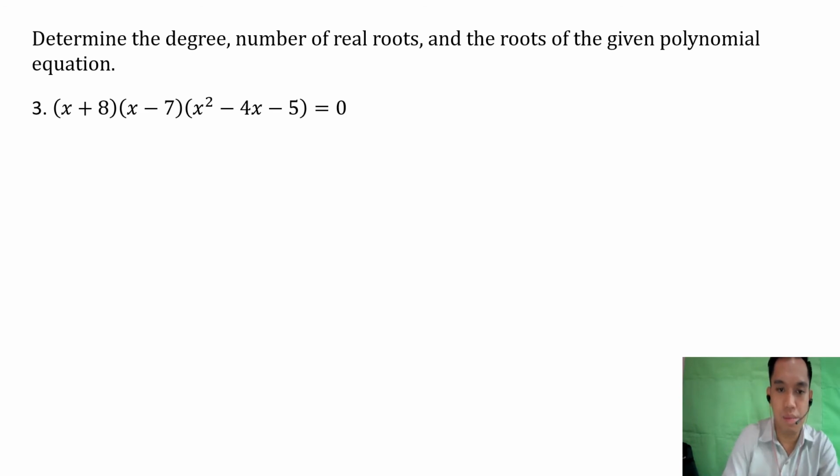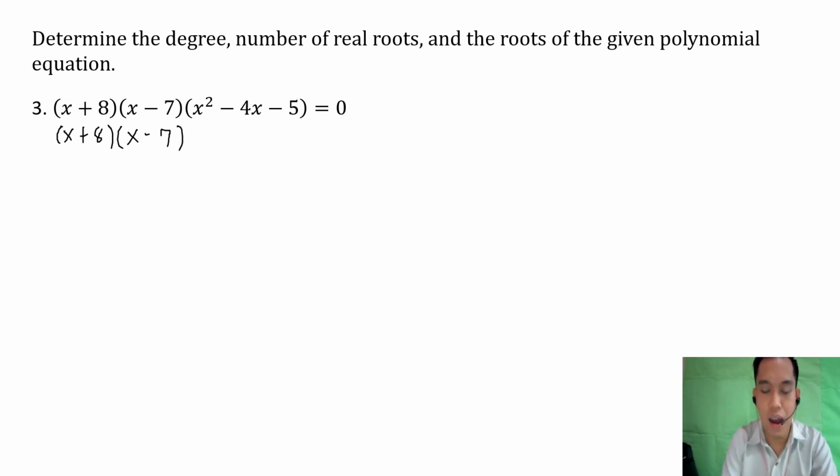Okay, so number 3, we have x plus 8 and x minus 7 times quantity of x squared minus 4x minus 5. Linear factor ba ito, itong x squared minus 4x minus 5? Linear factor siya o hindi?